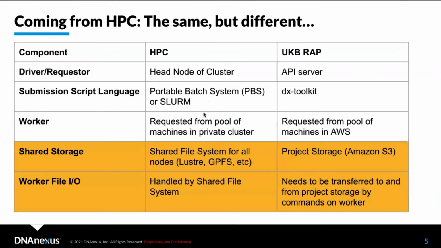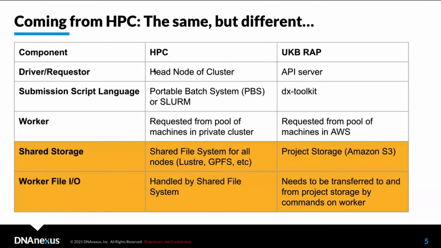Okay, so this is a busy table, but the main point is to emphasize that a lot of what you know in HPC can be directly translated to cloud. We've done our best to map the concepts onto the cloud. This is where you're coming from, HPC.